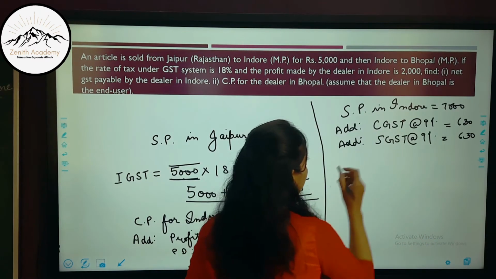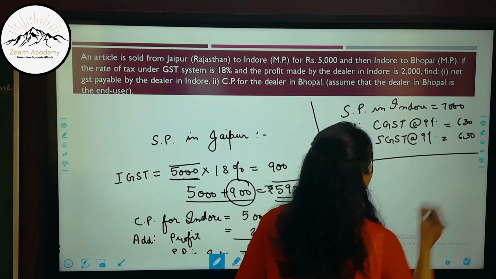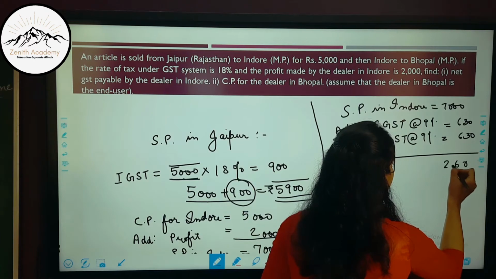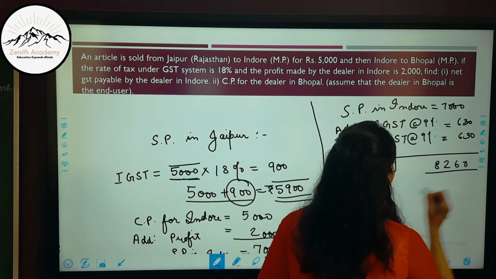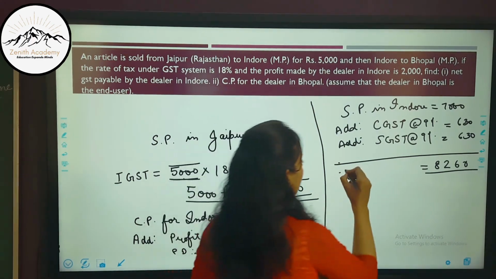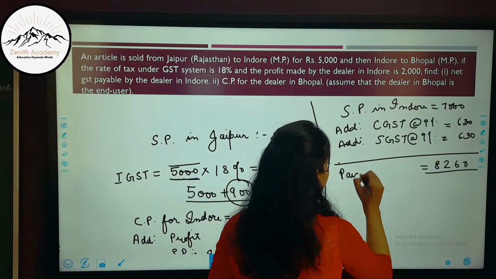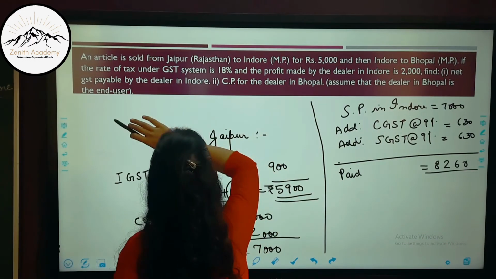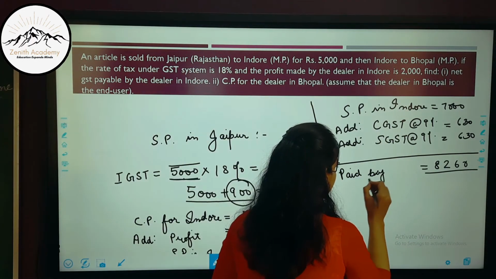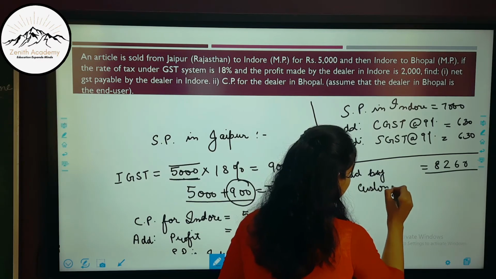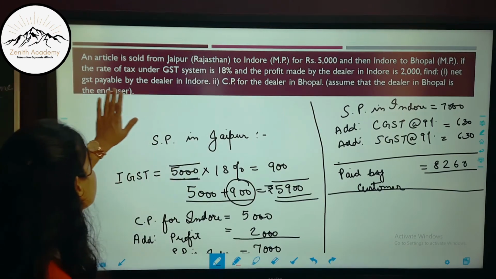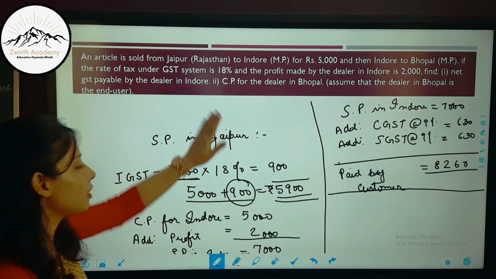So what is the total amount? 8260 paid by the customer. Since Bhopal is written as the end user, it is paid by the customer. Now what we need to calculate is the GST payable by the dealer.